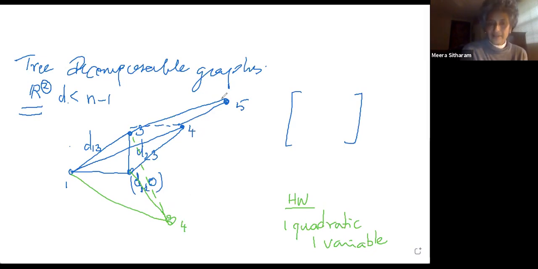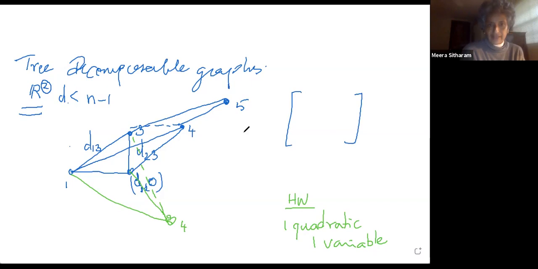We can do that. But notice that if I had been given the distance 3,4, then I would have right away in the beginning decided which of these two positions of 4 to choose.